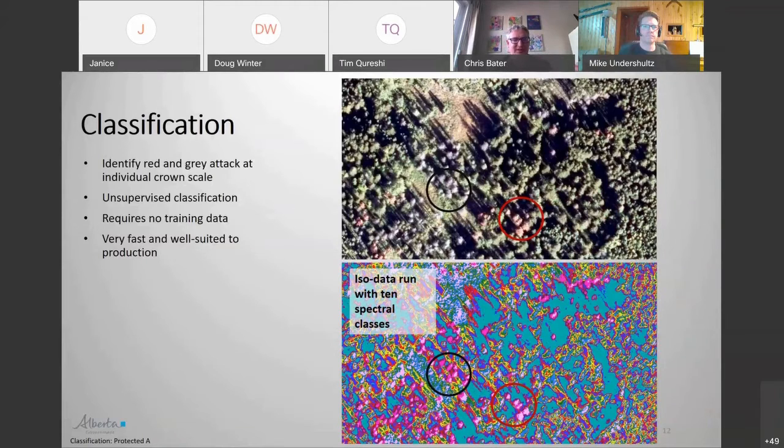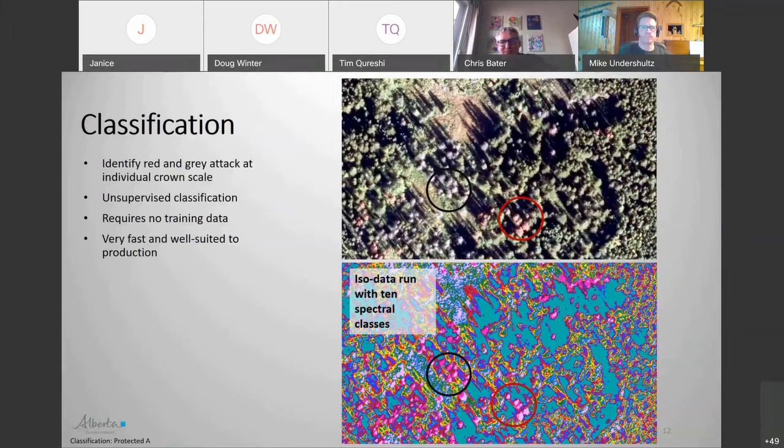In-house, we did determine that this was a feasible project. We just couldn't do the production phase in-house with the people we have. We just don't have the staff. But Castless used unsupervised classification.